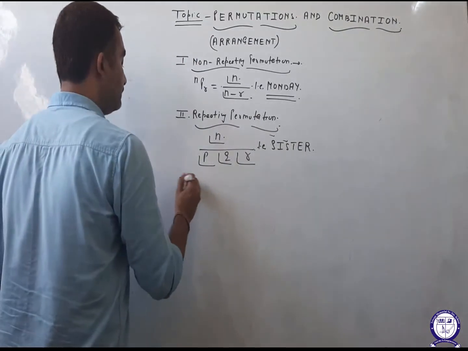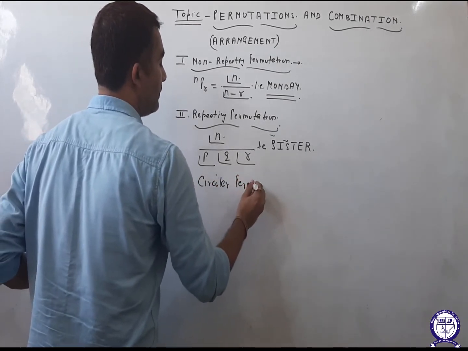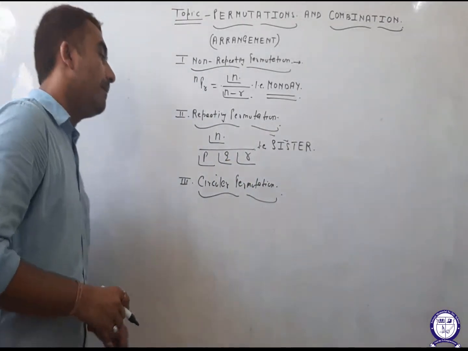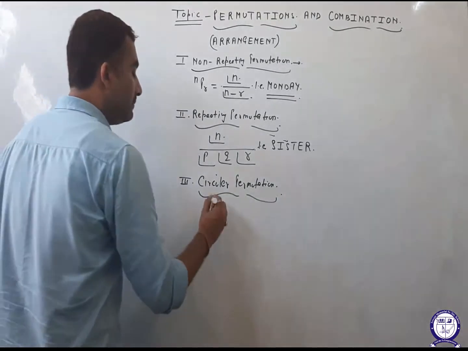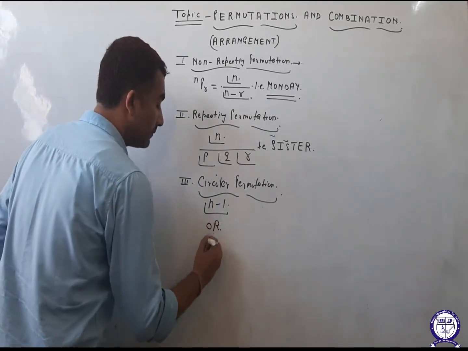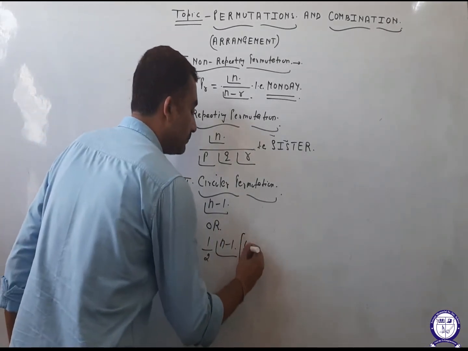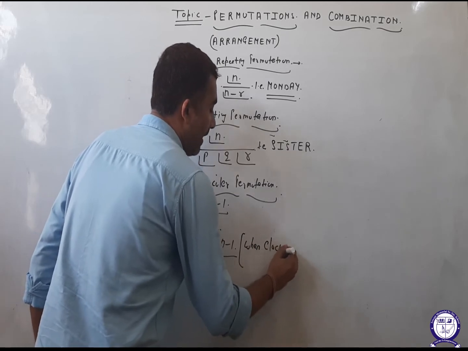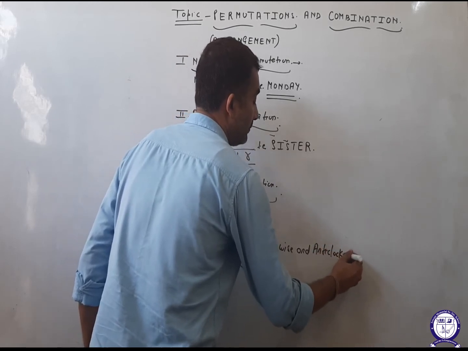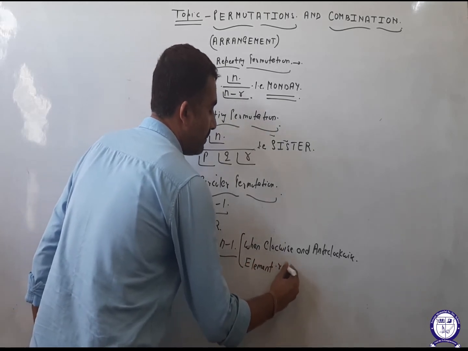Now, third one, circular permutation. Circular permutation means, like, persons sitting at a table. The formula is factorial n minus 1, or half factorial n minus 1 when clockwise and anti-clockwise elements remain the same.